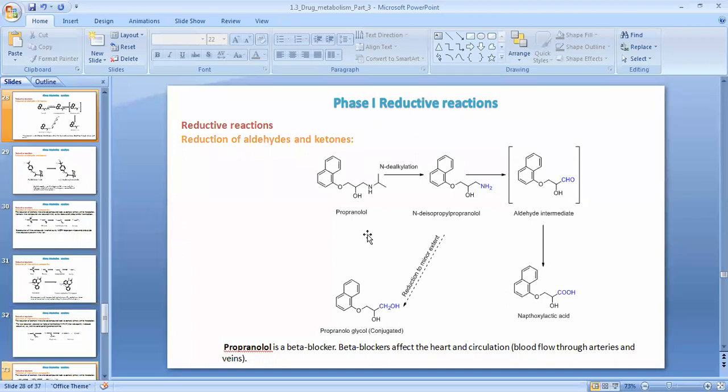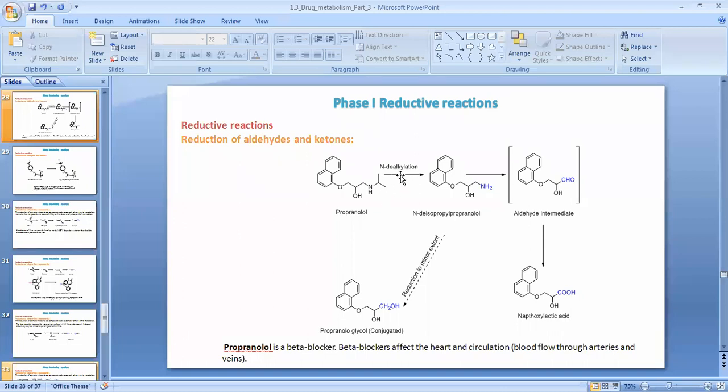Now, an example of such compounds which are used nowadays for treatment is propranolol. What happens? Propranolol contains an amine functional group, see? So what happened? We all know the propranolol molecule first of all goes for N-dealkylation.